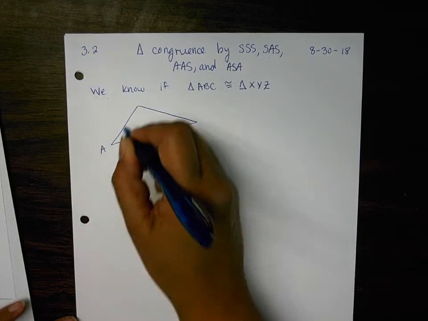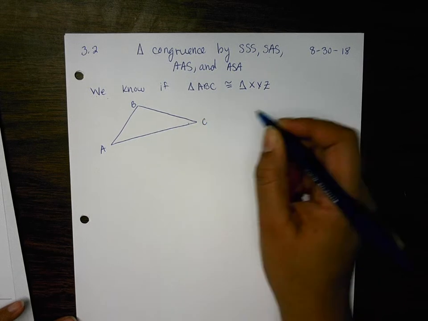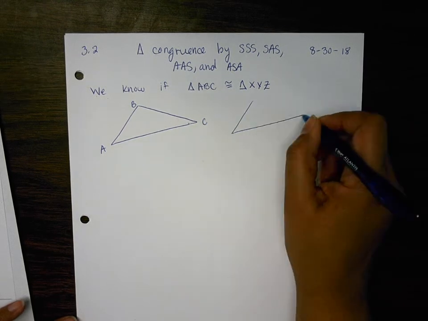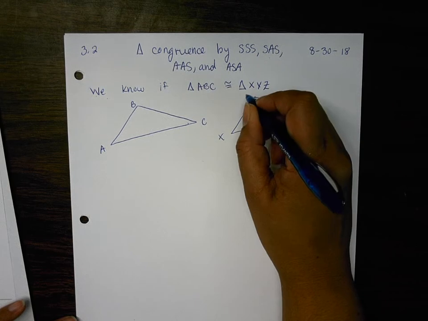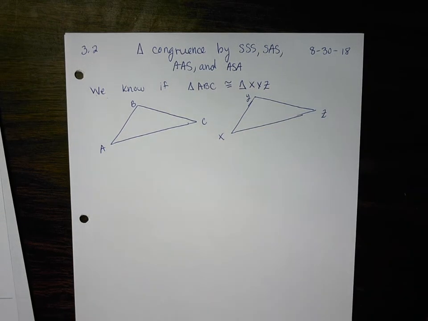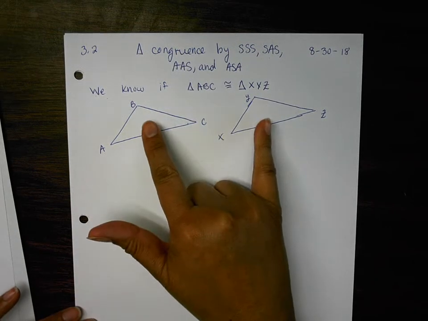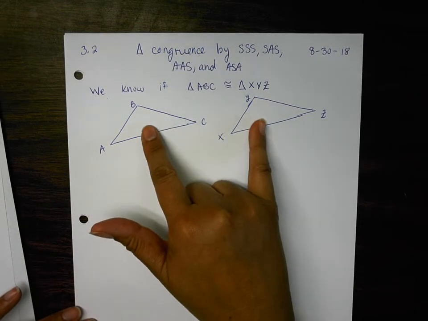I'm going to call this one A, B, C, and I'm going to call the second one X, Y, Z. Okay, well, let me ask you first, what do we know about triangles that are congruent?